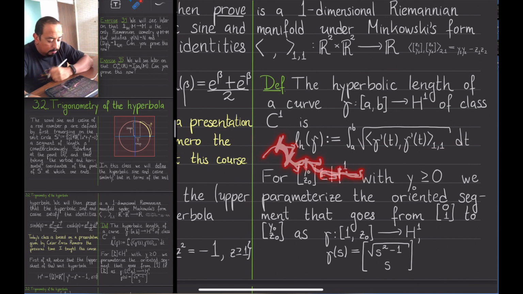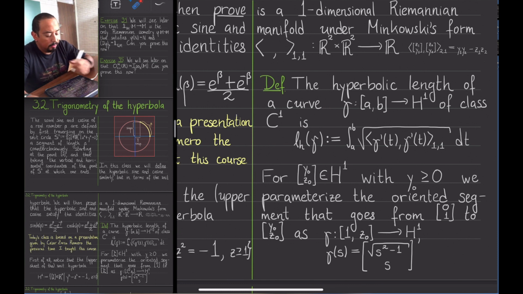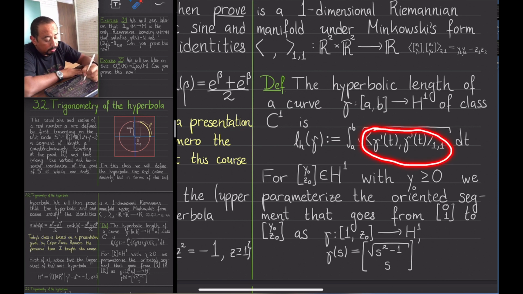When one takes the sum, one sees that it looks like a Riemann sum that tends to that integral when you refine the partition of the interval. So the reason for defining it this way is the same as from Calc 3 or even from Calc 2. But now, of course, it is with respect to our new dot product, our new way of measuring the length of the velocity vectors, of tangent vectors. Okay.